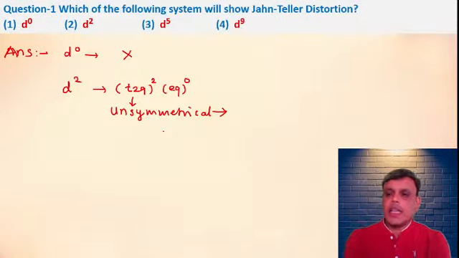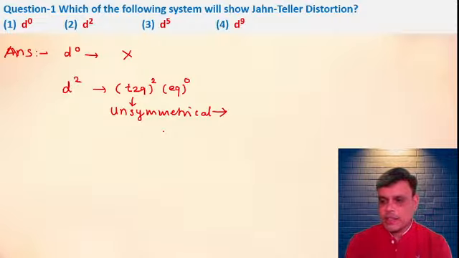Grisha is saying no. Why, Grisha? Can you explain your answer? Everyone is saying no. Jay is saying yes, it will show. Please explain your answer. Why will it not show Jahn-Teller distortion?